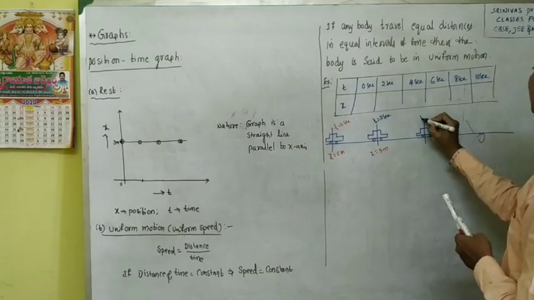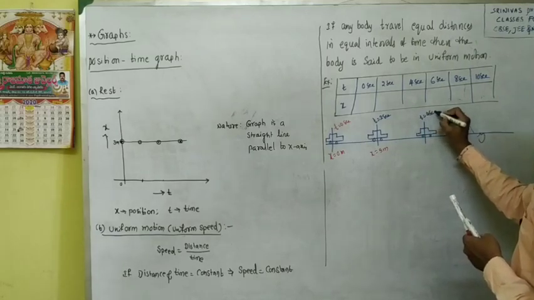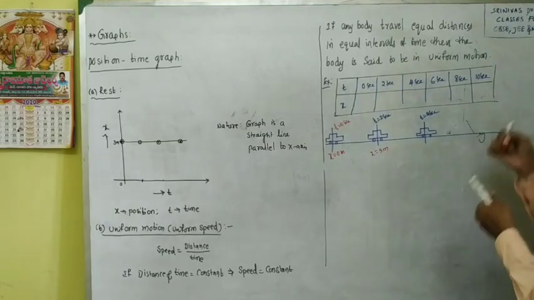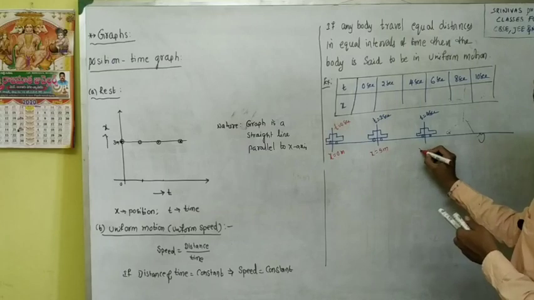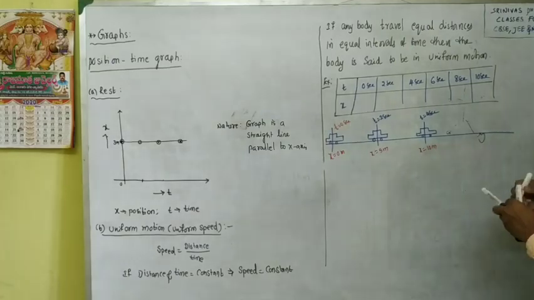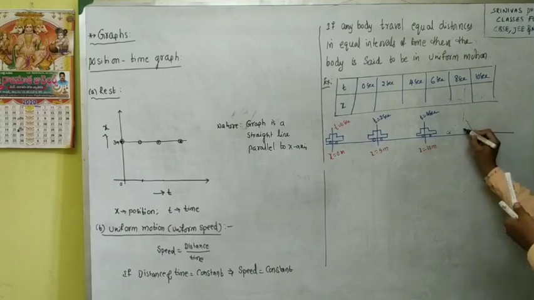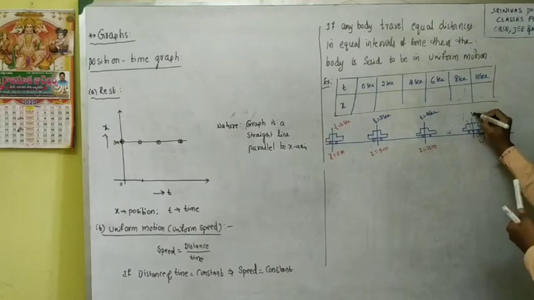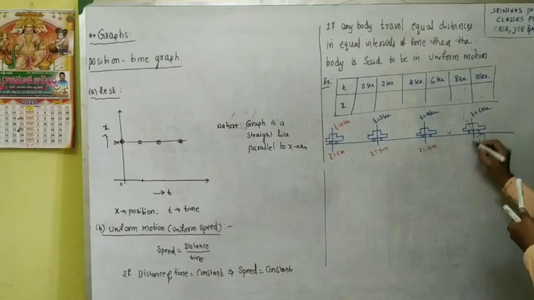And the next, after some time, at 4 seconds, it is at the 10 meter location. And after some more time, this is the time 6 seconds, and now its location is 15 meters, right?